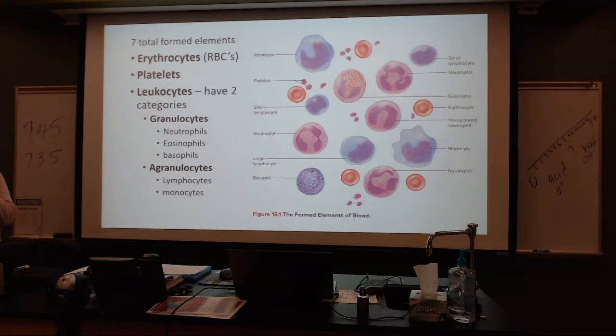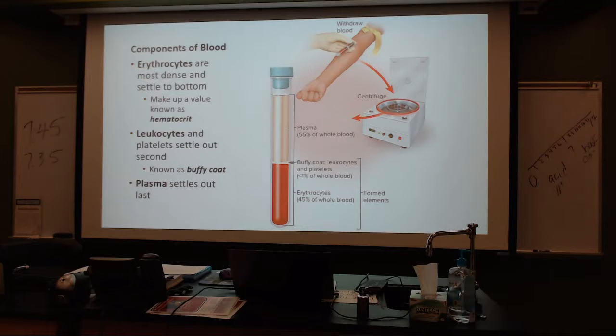Huh? Because so far, we've always been taught that that nucleus is the brain of the cell. And now I'm telling you that something very important, a red blood cell, doesn't have it. That's going to be interesting.